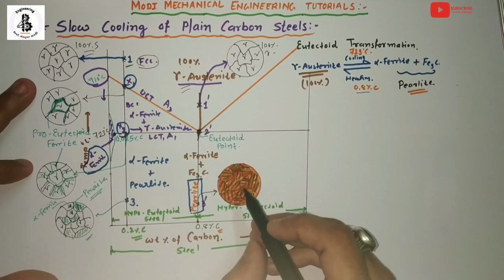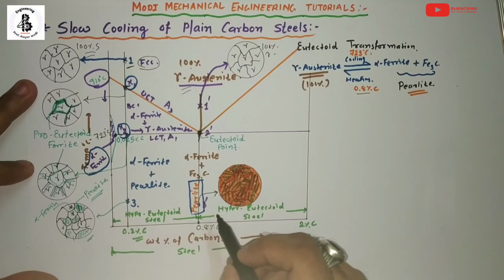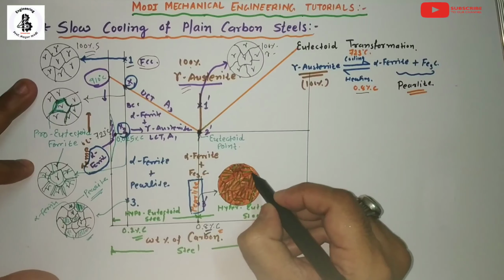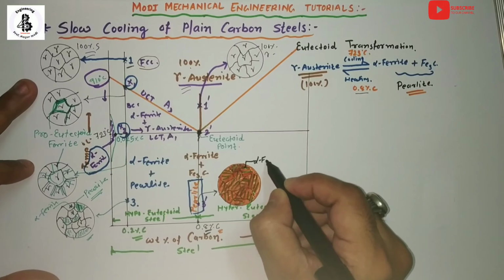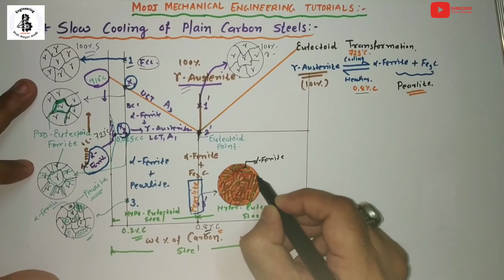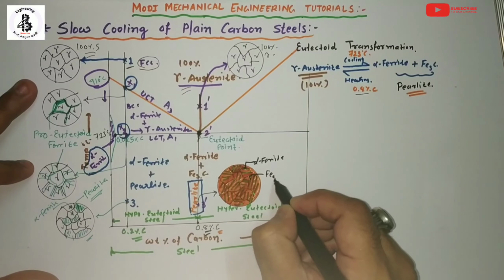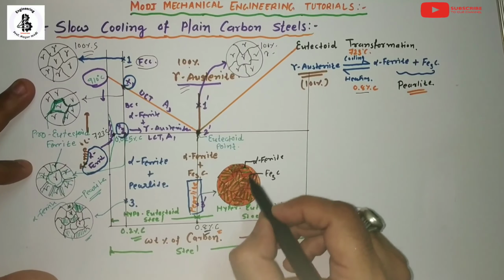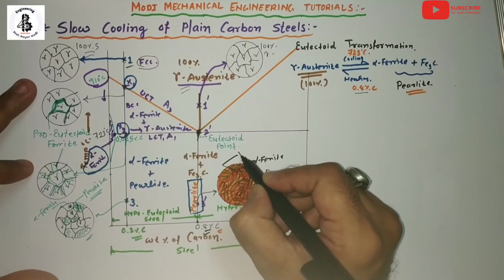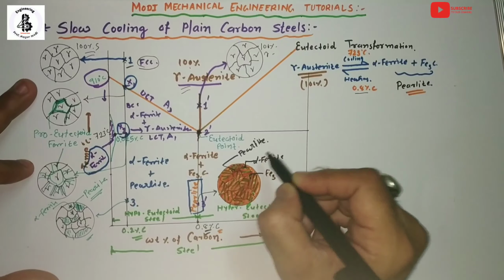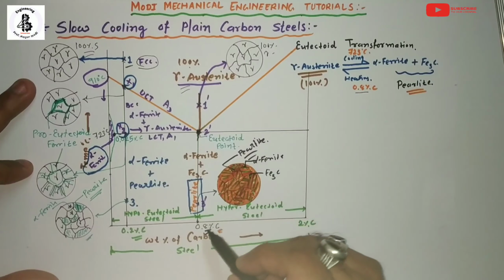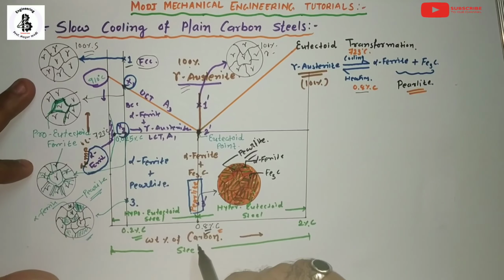Just you can see, at room temperature for 0.8% of carbon, there will be alternate layers of alpha ferrite plus Fe3C, or cementite. That is nothing but what is known as pearlite. So pearlite is only found at 0.8% of carbon.